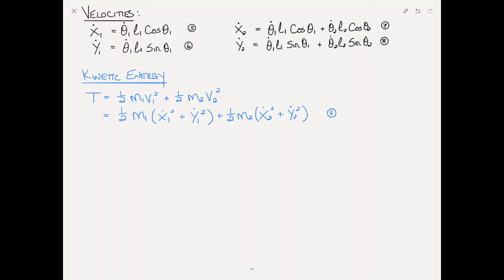And now we want to substitute 5, 6, 7, and 8, the velocities, into 11. So 5 to 8 into 11, write it like that. And that gives us that T is equal to 1/2.